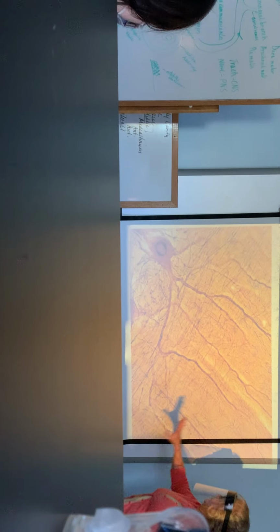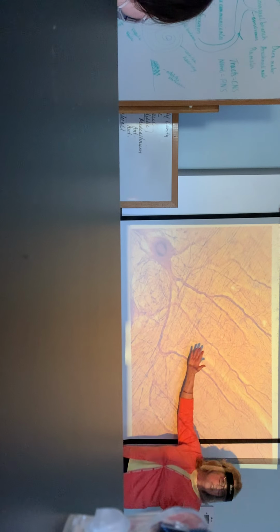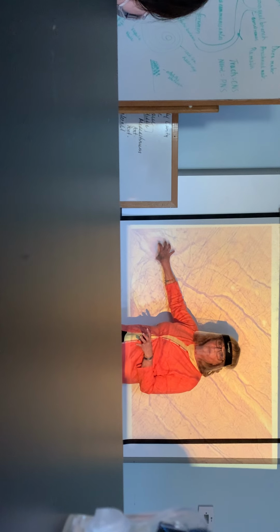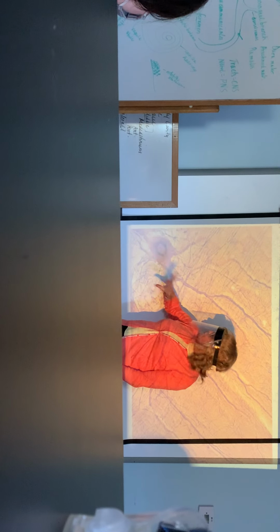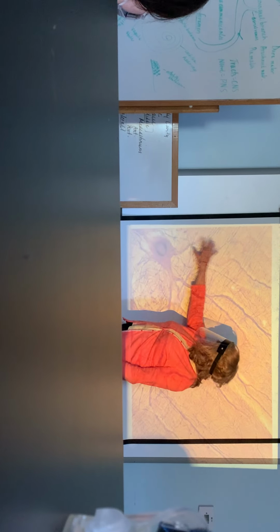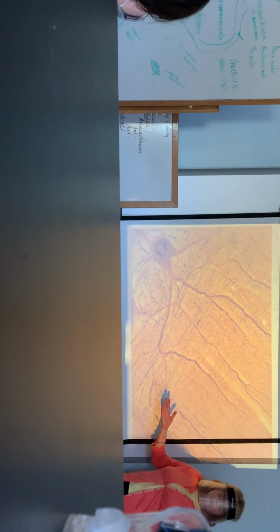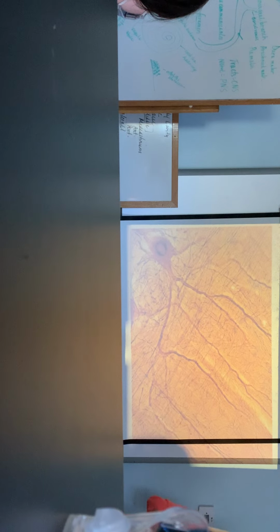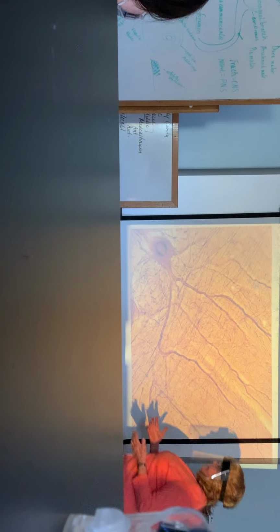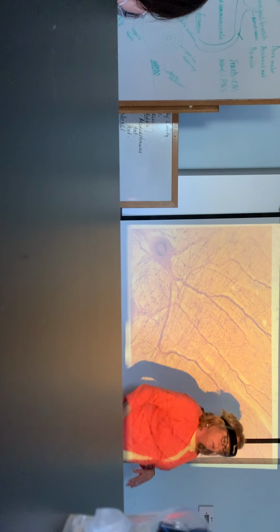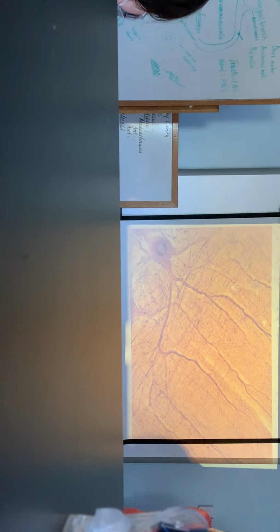One cell, so if you look here at this guy, this is a gigantic number too, but if you look here at this cell body, this is where the integration is going on. You're the CEO, you're the head of this company, and you've got 250,000 employees, or in this case, I don't know how many it ends up being, it's a pretty gigantic number, right? It's a big complex for sure, and they're all giving you information. And the information that you're going to send out, if this was the axonal segment, is the integration of all that information coming in.